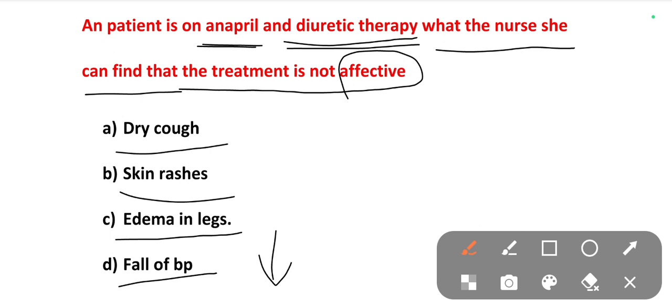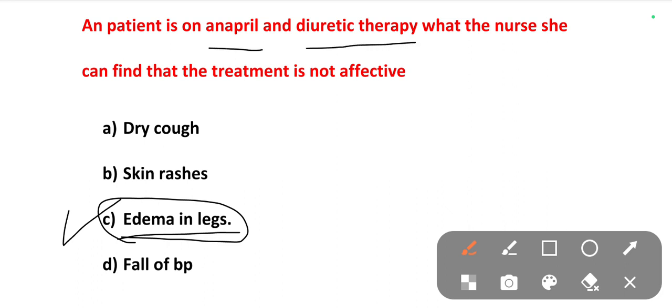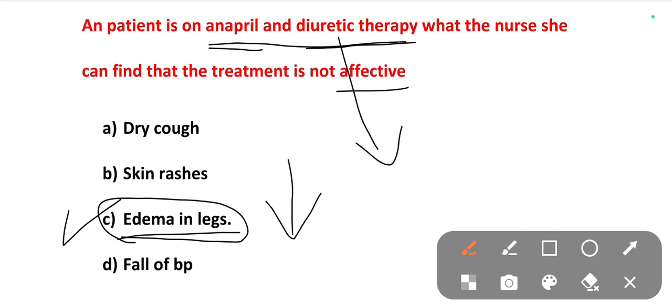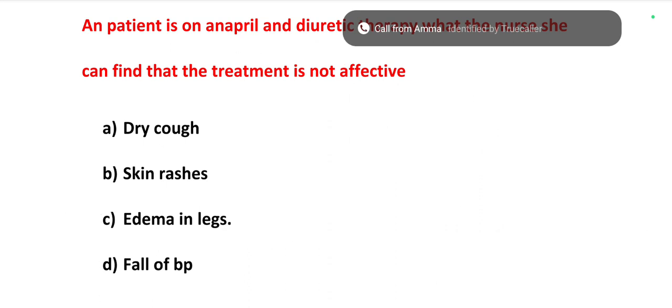The right one is option C, edema in the legs. When the patient still has edema, the enalapril and diuretic therapy is not effective. When the patient is taking these drugs, the edema has to reduce. Why? Because diuretics work on the kidneys to excrete the excessive volume of water present in the body. If it is not effective, the edema will be present in the legs.